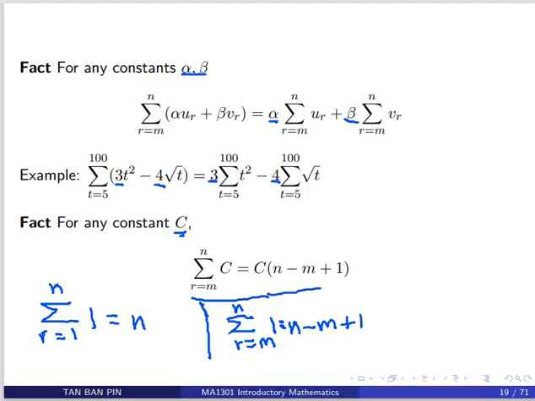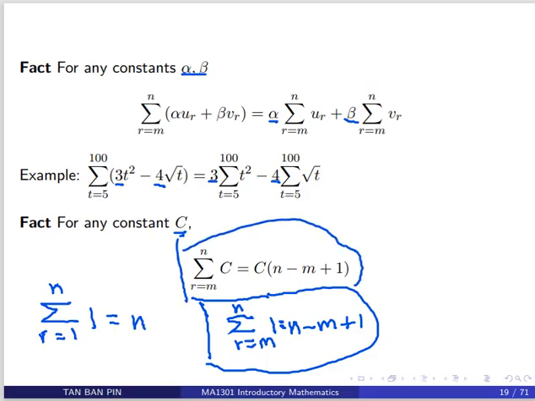After that, to show this result, you just consider this. If you consider summation r from m to n, c, then you just take it as summation c times 1, r from m to n.